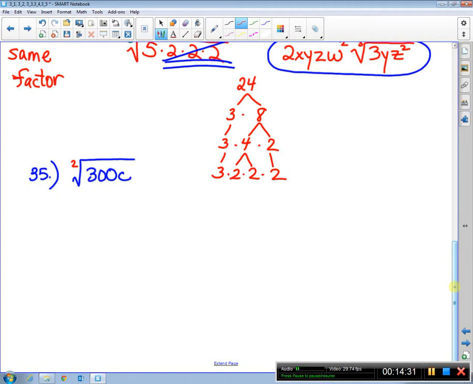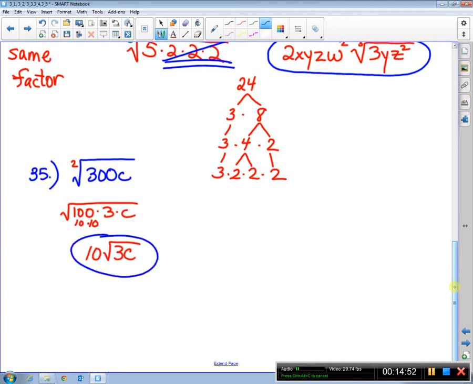All right, how many times is a factor of 100? 100 is a great perfect square times 3 times c. And this is 10 times 10. So a 10 comes out, and square root of 3c is left.